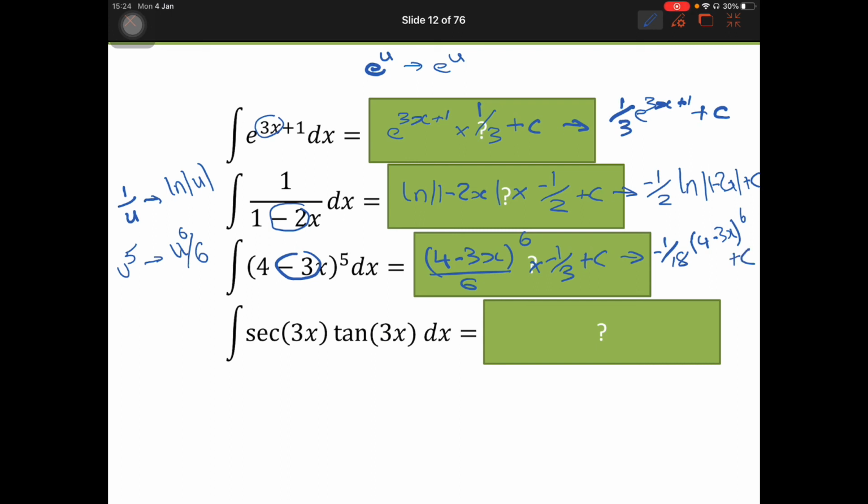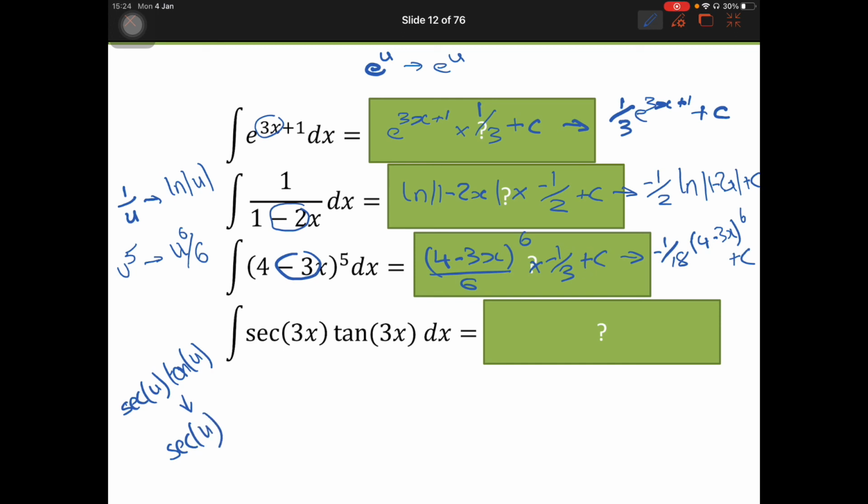Last one, sec 3x tan 3x, just to introduce integrating and differentiating the other trig functions. Sec and tan relate to just sec. So sec 3x tan 3x, if I imagine that as sec u tan u, that just integrates to sec u.